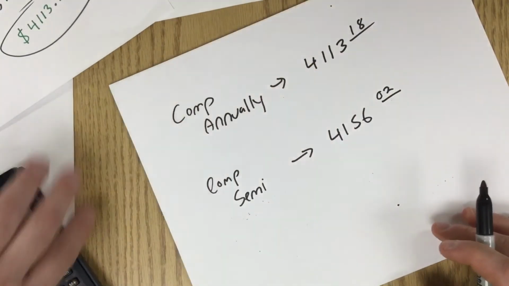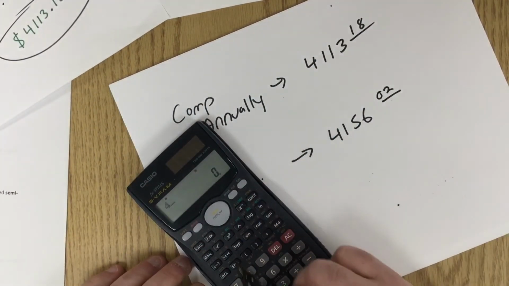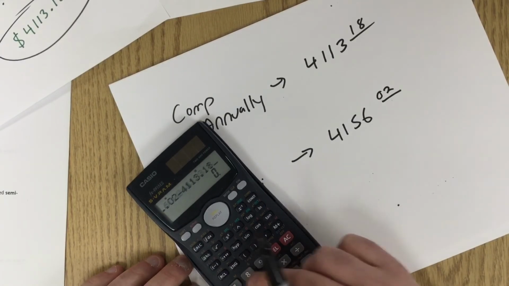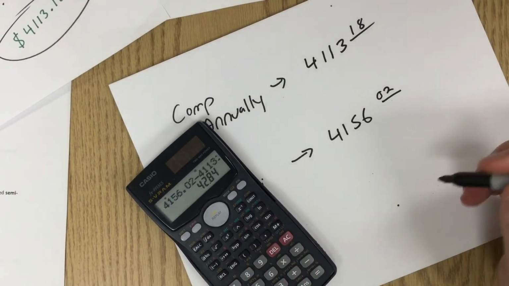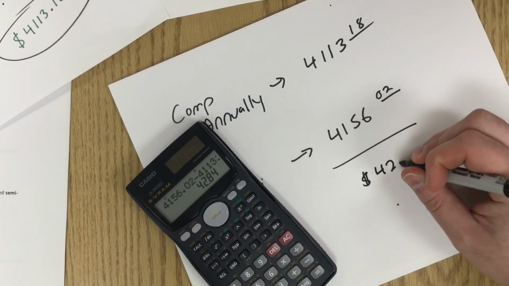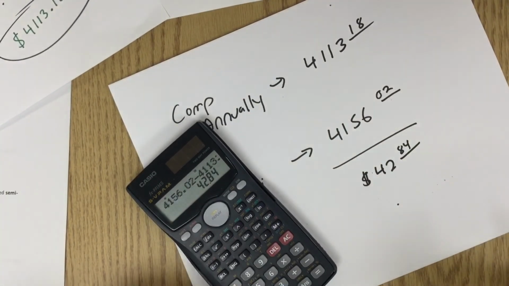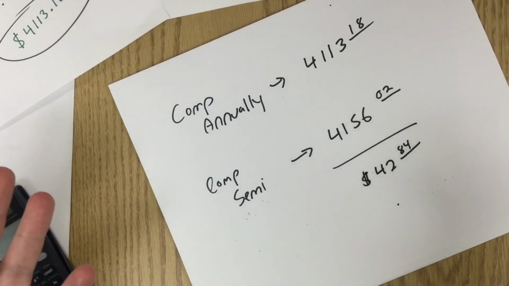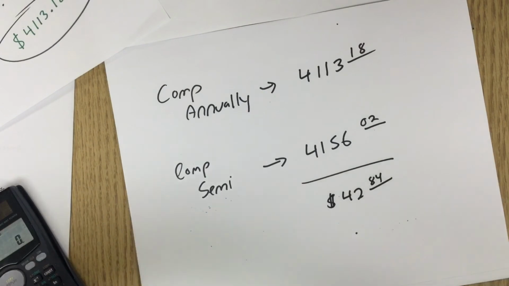So we got an extra 4,156.02 minus 4,113.18. So we earned an extra $42.84 just by going with a shorter compounding period. So the shorter the compounding period, the more interest that tends to accrue.